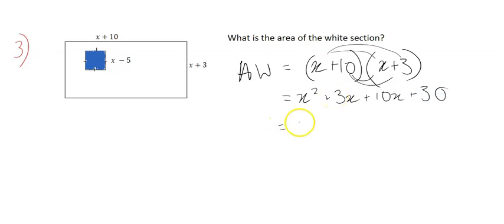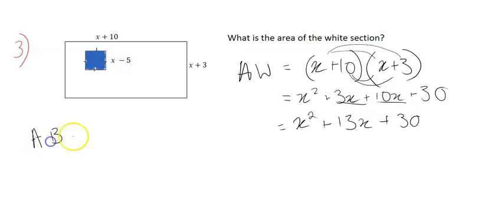Again, I can use my arches, x squared plus 3x, and then we keep going, 10x plus 30, okay? Simplify it straight away so that we don't have all these extra terms to deal with. x squared plus 13x plus 30. Okay, putting those two together. Have a look at the area of the blue section.